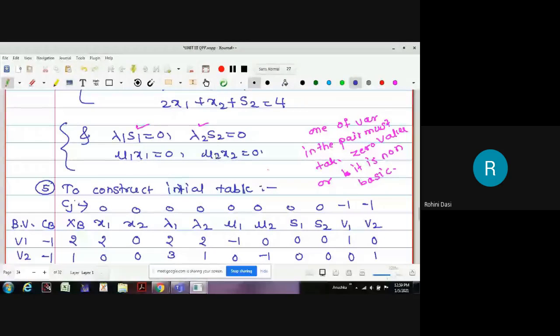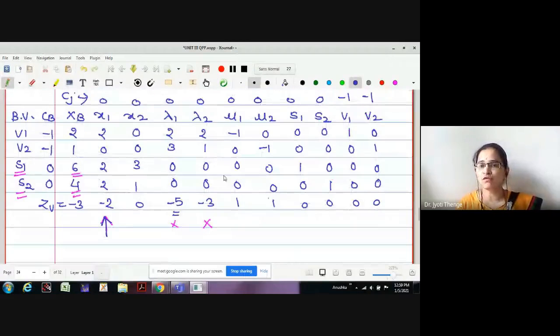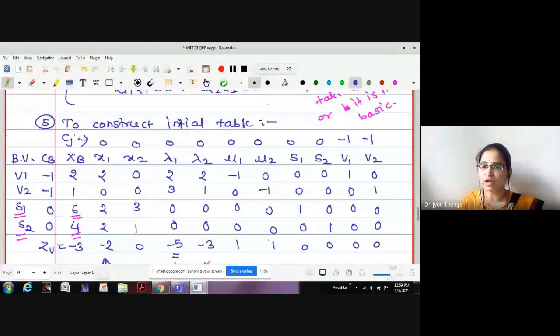Good. Now let us go for finding the outgoing vector by selecting the criteria of minimum ratio. How to select a minimum ratio? xb upon x1, only where x1 is having a non-zero value. In this x1 column, the second entry is negative, therefore let us drop it.